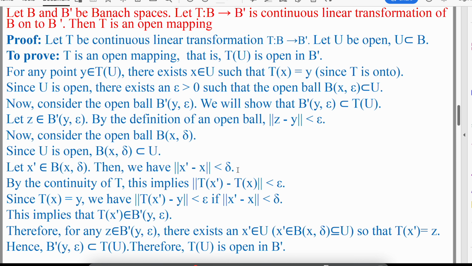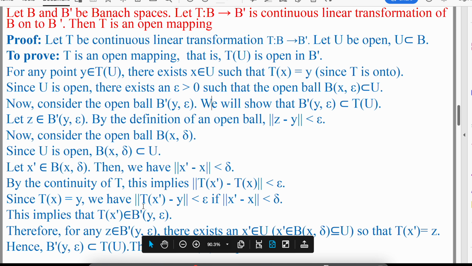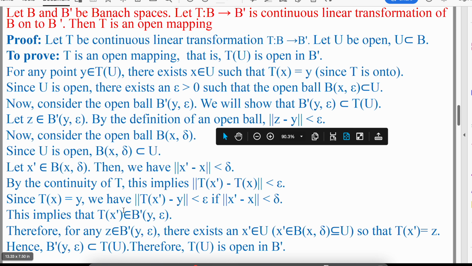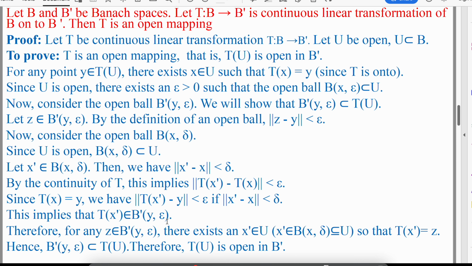But T is given to be a continuous linear transformation. So by continuity of T, norm of Tx dash minus Tx is less than epsilon. But Tx is equal to Y. So if we write Tx equal to Y, then we can say norm of Tx dash minus Y is less than epsilon if norm of X dash minus X is less than delta. This implies Tx dash belongs to the open ball centered at Y and radius epsilon.